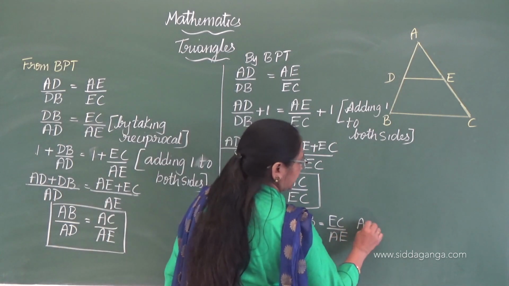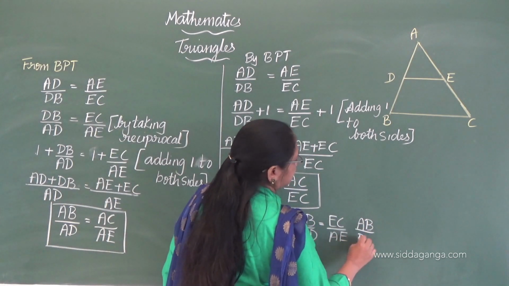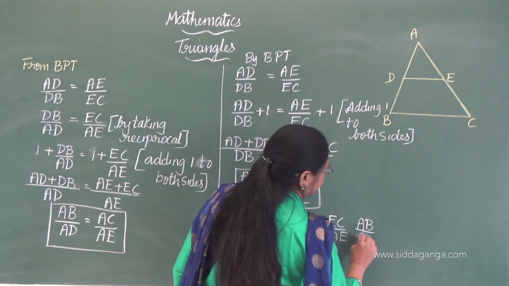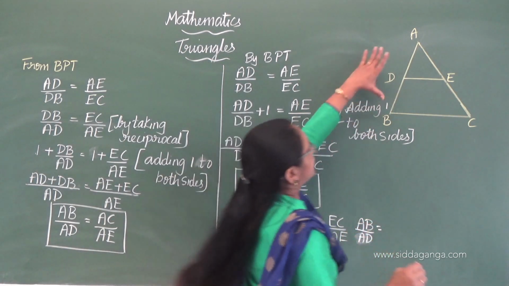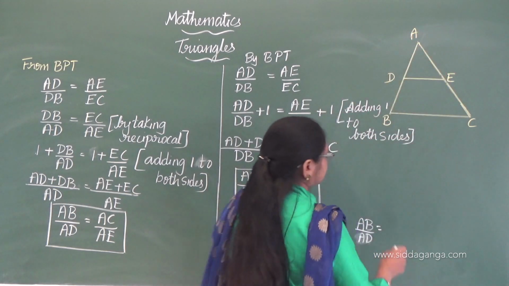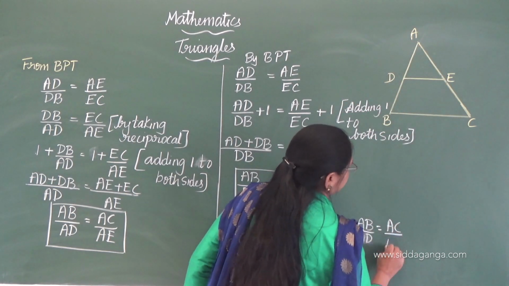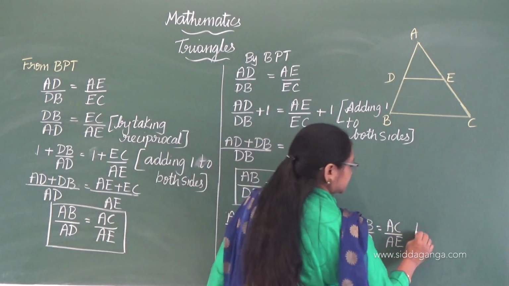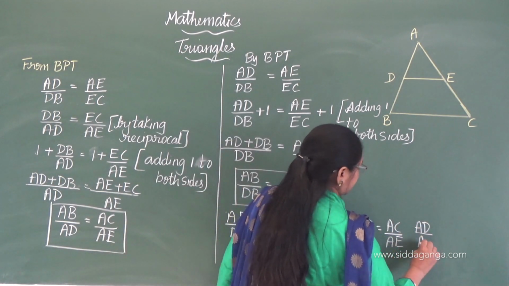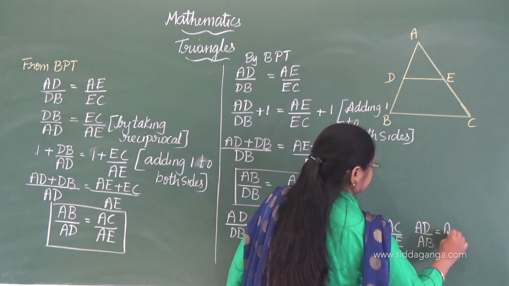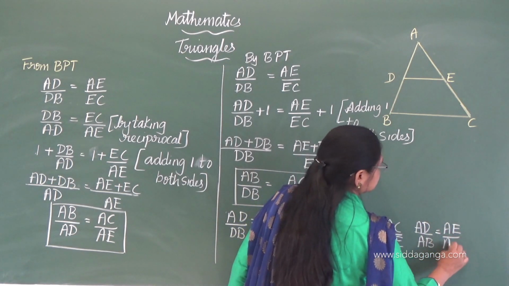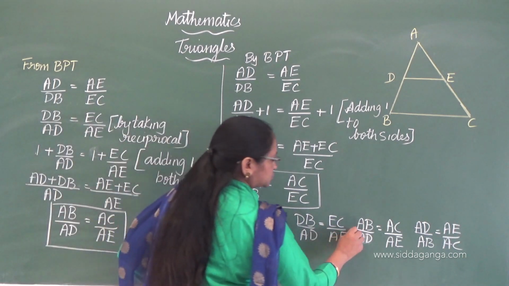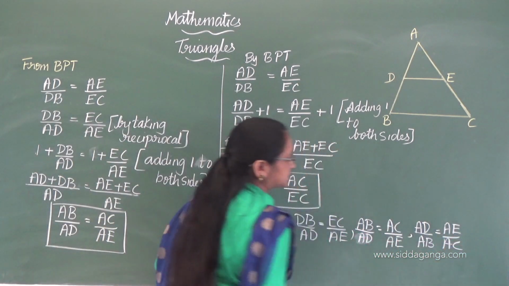Third result is this one. AB by AD is equal to AC by AE, and the reciprocal of it, that is AD by AB is equal to AE by AC. So totally 1, 2, 3, 4 results.